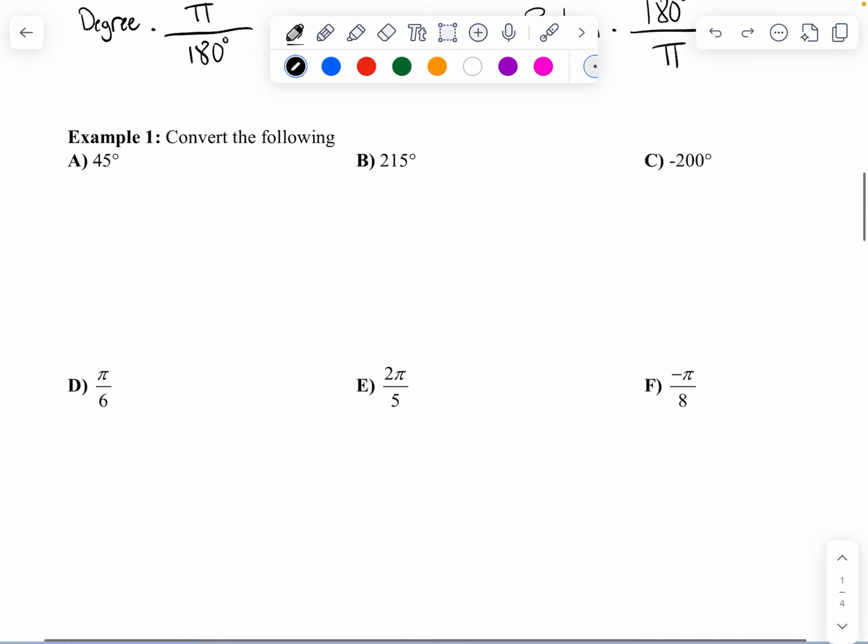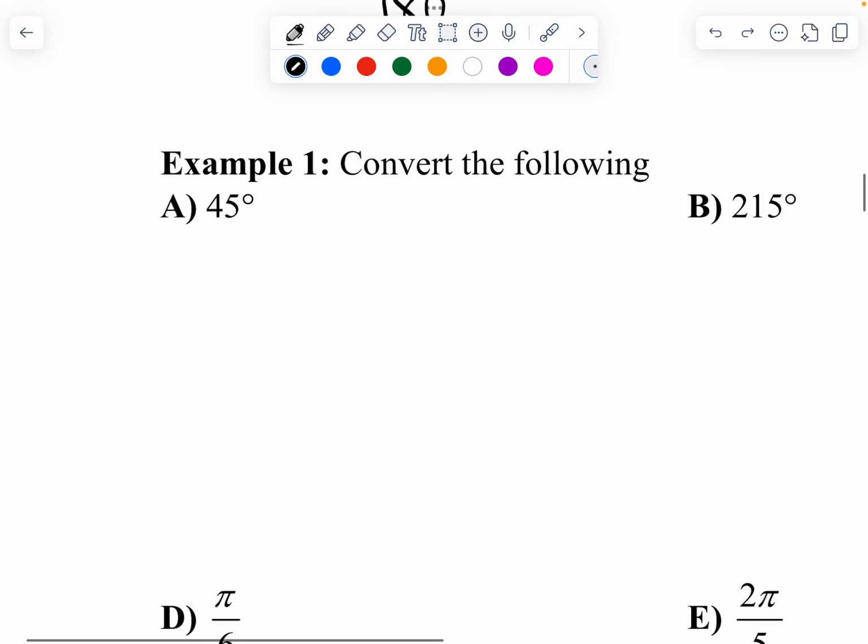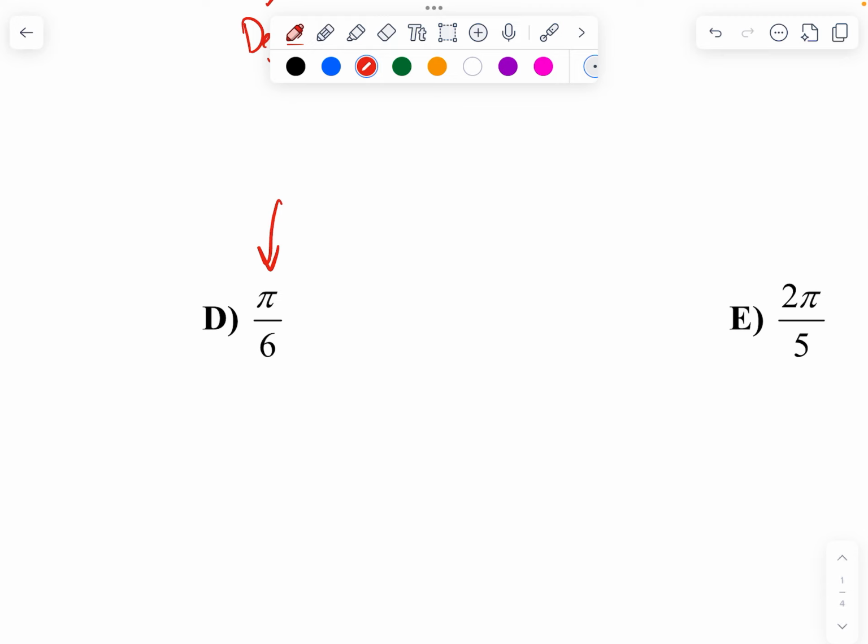So then the question is, how do I know something's in radians versus degrees? Degree is actually really easy. This is in degrees because you see the degree symbol, right? And we know that this is a radian because it doesn't have the degree symbol. If you have 5, is that a degree or a radian? It is a radian.